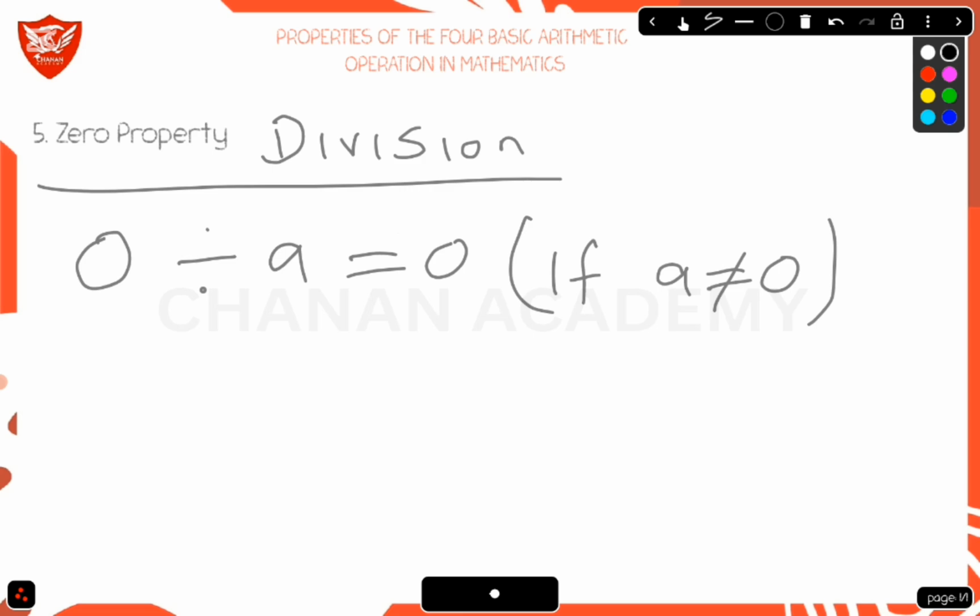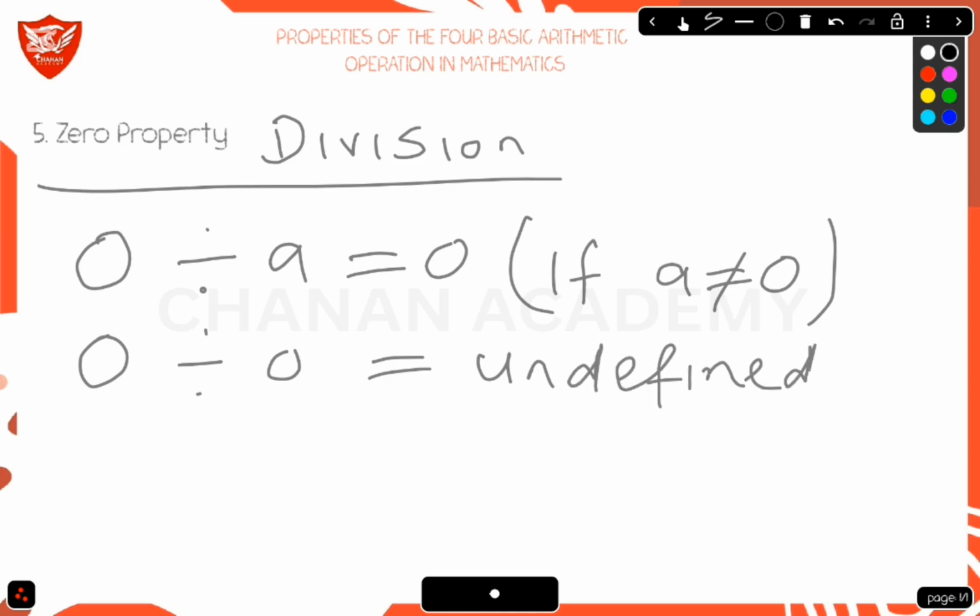Remember we talked about the previous property that any value that is divided by 0 is going to be undefined. So long as the question is not 0 divided by 0, which is going to be undefined, if a assumes any other value, the answer is going to be 0.